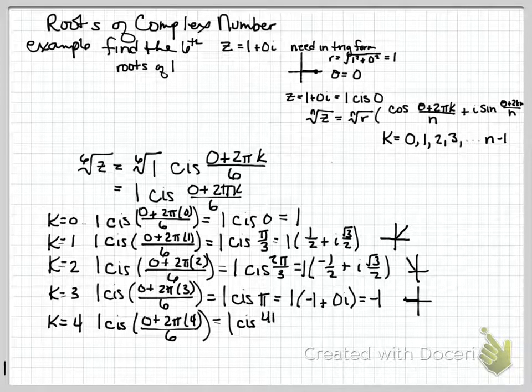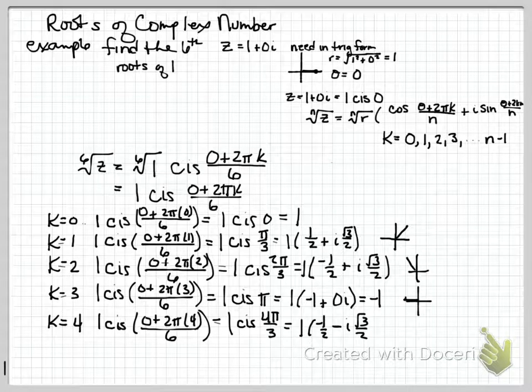It's just going to be 4 pi over 3. Cosine of 4 pi over 3 is negative 1/2, minus, the sine of 4 pi over 3 is also negative, i root 3 over 2. That one's located down here.